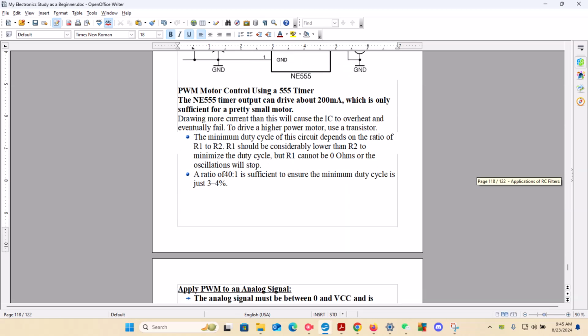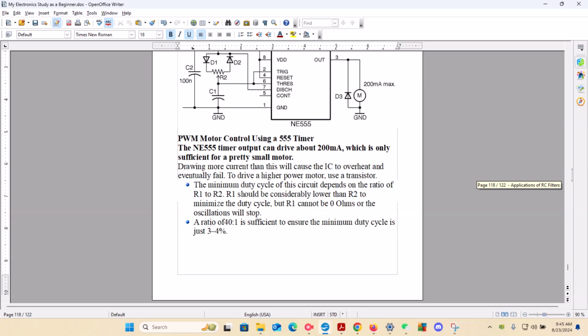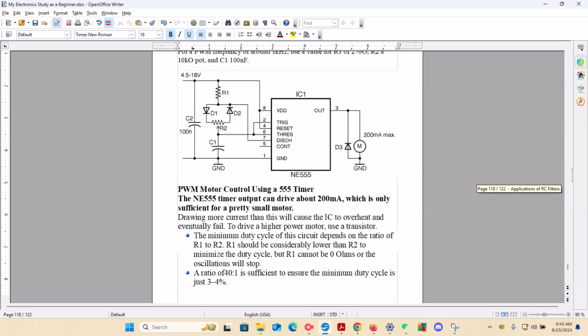Now, when we speak more specifically about the PWM motor control using the 555 timer, we want to note that the NE555 timer, which is this chip here, this integrated circuit here, output can drive this output. This will indicate what's put out. So one is to power the motor, and the rest of it is to ground. Okay.